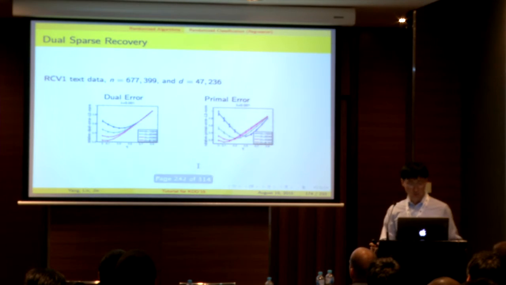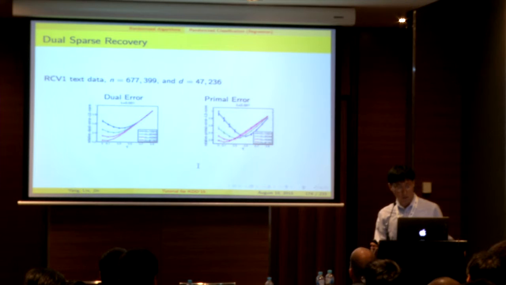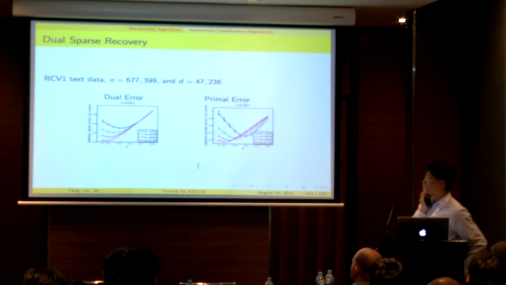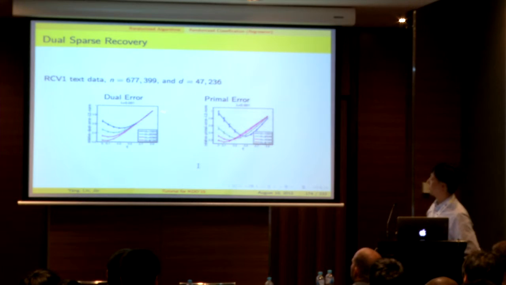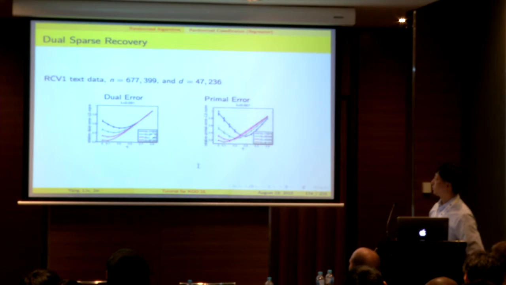Next I want to show you one slide of experimental results showing that dual sparse recovery indeed gives us better performance than the dual recovery. We did experiments on real data sets, with this number of examples, this number of dimensions, and reduced to different values of m, from 1,000 to 8,000.